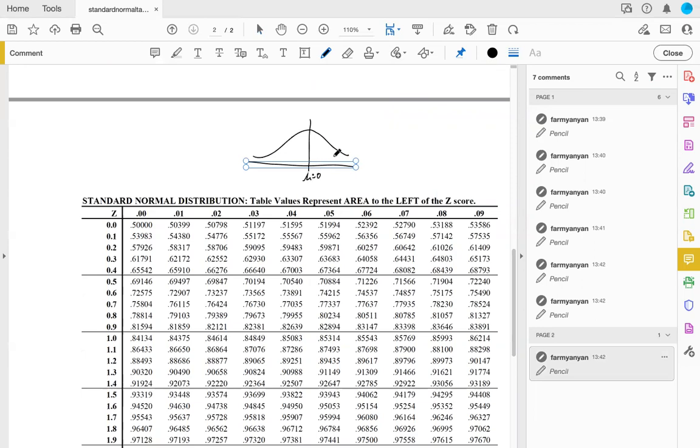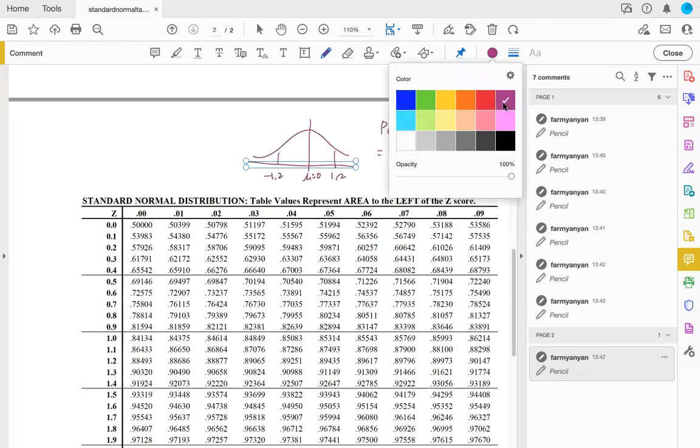So let's say I have 1.2, but I would like to determine negative 1.2. Find the z smaller than negative 1.2, but I only have the positive one. What should I do? You just need to be clear with the table.